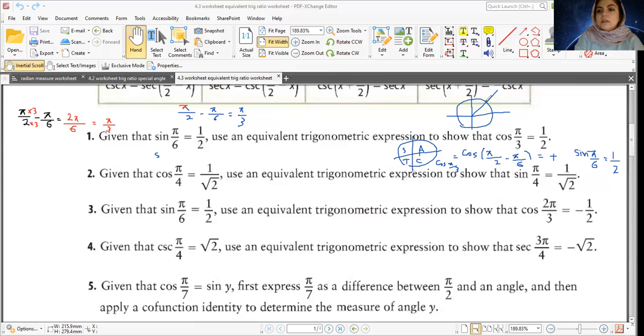And in this quadrant the cosine is positive, that's why I put positive here. This is given to you: sine pi over 6 is 1 over 2. So I proved that the cosine of pi over 3 is equivalent to 1 over 2. This is what we needed to show. Do you understand?